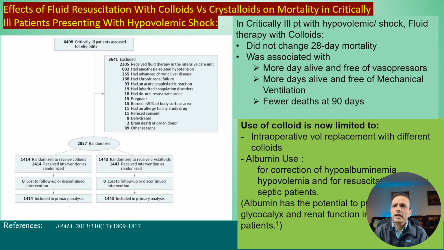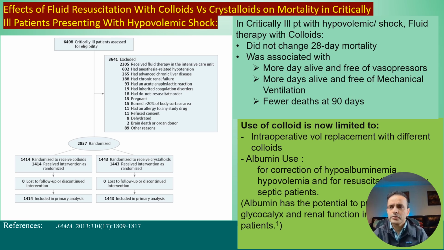So in critically ill patients with hypovolemic shock, fluid therapy with colloid did not change 28-day mortality, but it was associated with more days alive and free of vasopressors, more days alive and free of mechanical ventilation, and fewer deaths at 90 days. So this was kind of a game changer.